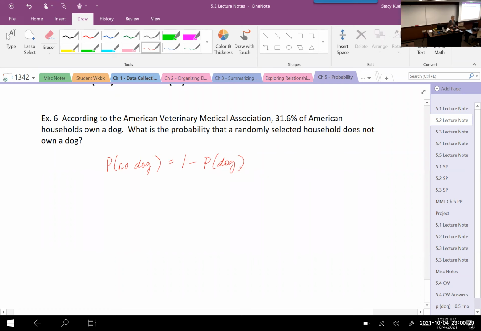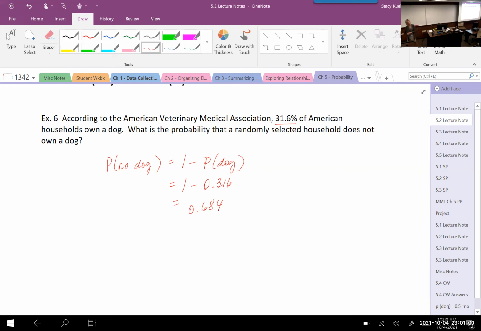Now, since I'm talking about the number 1, I would need to change this into its decimal form, which would be 0.316. And 1 minus that ends up being 0.684.